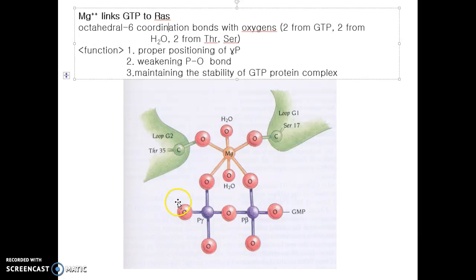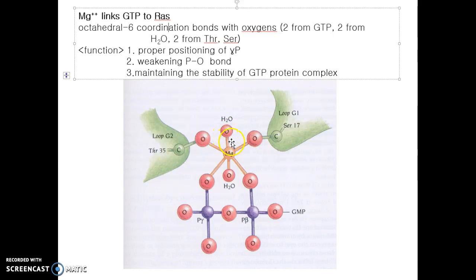Almost all nucleotide triphosphate hydrolyzing enzymes, including Ras and G-alpha, require magnesium ions for their catalytic activities. Magnesium is presumably required both for proper positioning of the gamma phosphate for weakening the P-O bond that is split during catalysis, as well as for maintaining the stability of the guanine nucleotide complex.